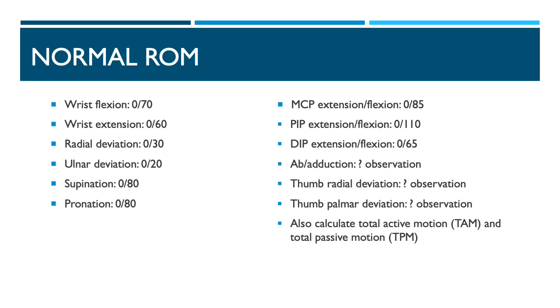You guys have probably gone over this a million times, but I just wanted to have it included so you had a complete list of what are normal ranges of motion. You'll see different guidelines. These are the guidelines through the American Society of Hand Therapists that I tend to use. But you can see even there's some question like, what is thumb radial deviation?